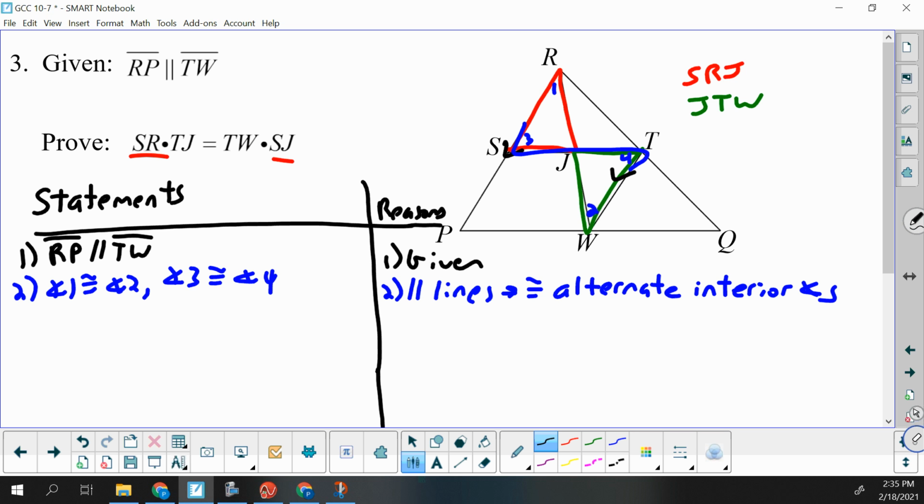Well, already we got 2 sets of angles. Now, you could have just done 1 set and done vertical angles, but that's more work, so we'll do the 2 sets. So we're ready to do our 3 steps to finish off a similar triangle proof. We'll do angle, angle, similarity postulate.